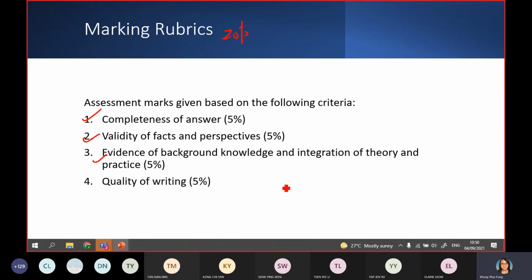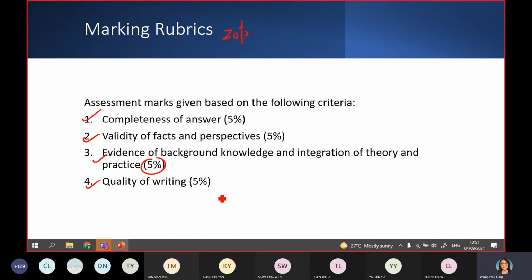So that is the reason why I always give a lot of latest news in the lecture slide, even in the Microsoft Team, because I want to help you to get the 5 marks. Some of you quite good, you know how to integrate. You score high marks for this one. Some of you, you didn't provide. So how can I give you this mark?